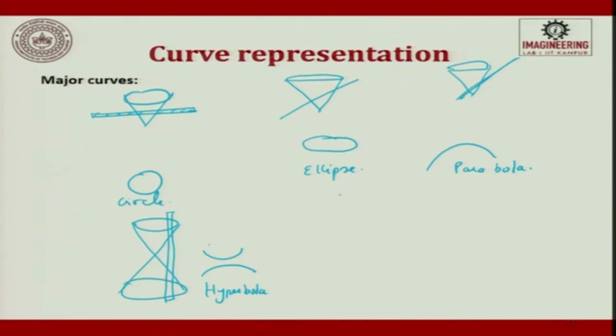If I cut exactly at the center, what I get is a point. I cut here, I get a point. I am just playing with the figure, trying to talk about the major curves.